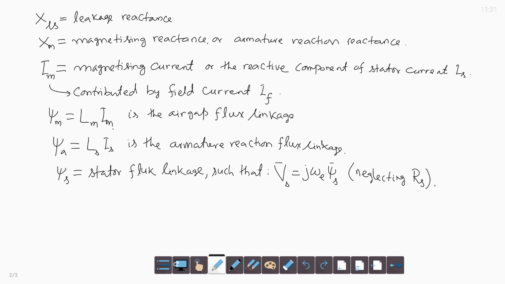So, these flux linkages satisfy phasor addition, vector addition. Psi s is psi f plus psi a. Now we will draw the phasor diagram again, including the flux linkages and the stator resistance Rs.